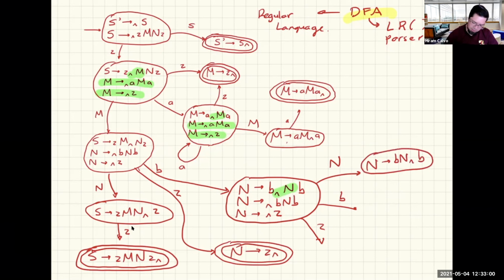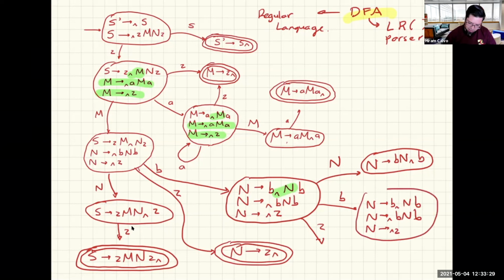If we move through B, which will be this one, we will have the second rule rewritten as N, B, N, B. And of course, we need to expand again these rules because we are in front of a non-terminal symbol. So we will add N, B, N, B, and also N, Z. And that's it.